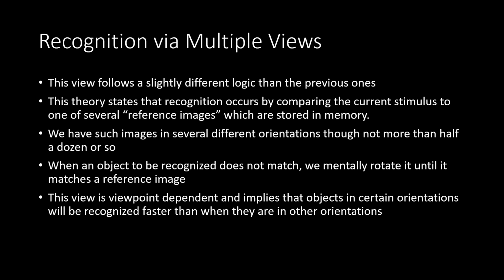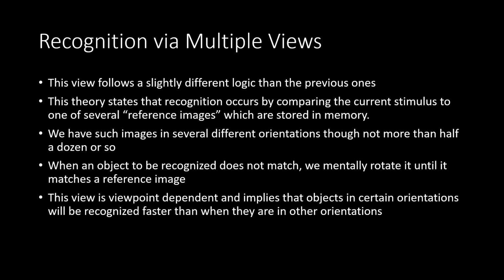And so you will look at an object and see it as it goes from features to object, and then you will compare it to some existing reference image. Of course, in this case, you're not going through geons. It's just features to an object, which is then compared, and that comparison is what allows you to recognize that object. Now, they say that you don't need more than half a dozen of these reference images. This is just the current theory, at least.